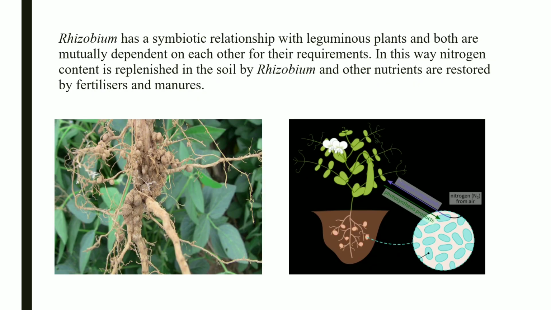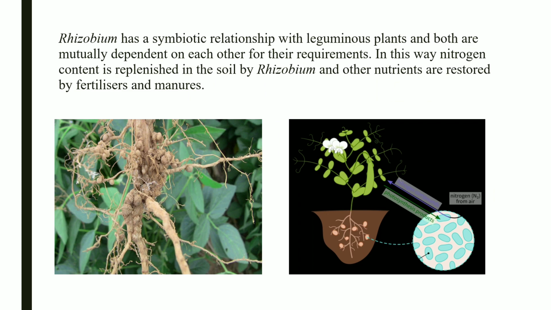So here Rhizobium bacteria and leguminous plants show a symbiotic relationship. Rhizobium bacteria provide nitrogen to leguminous plants, and in return the roots of these plants provide food and shelter to Rhizobium bacteria.